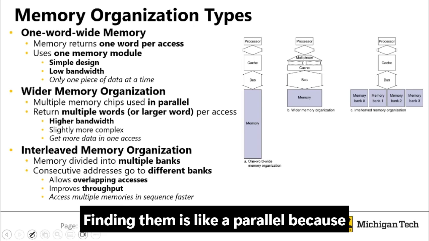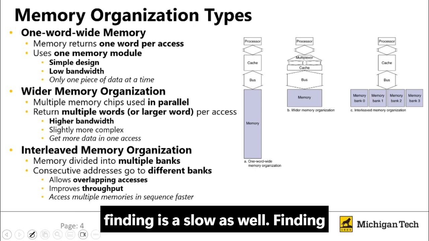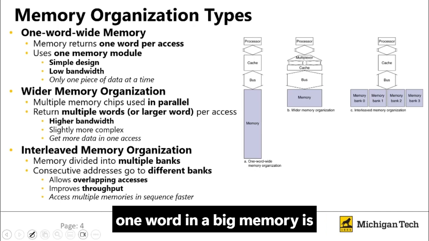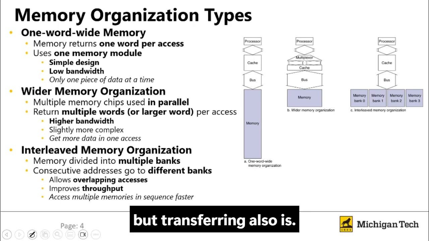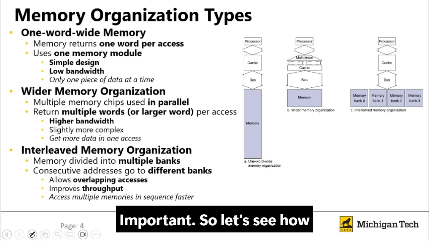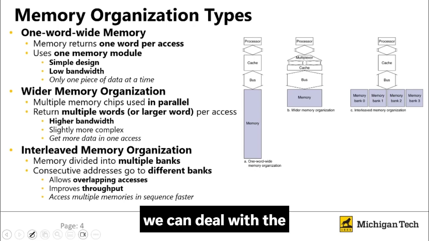Finding them is in parallel because finding is slow as well. Finding one word in a big memory is so hard, and that takes the maximum time. But transferring is also important.